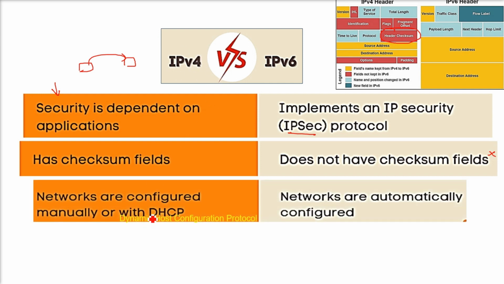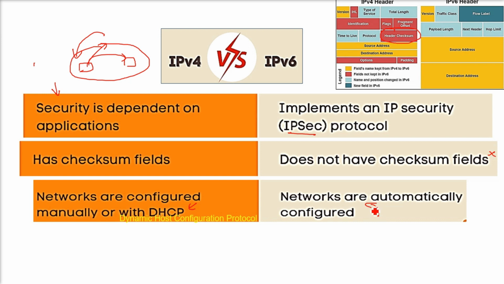In IPv4, the networks are configured manually. You give the IP addresses manually, or they can be given by your network administrator by DHCP, Dynamic Host Configuration Protocol. If you are making your own network, you can give them manually or by DHCP. In IPv6, networks are automatically configured.